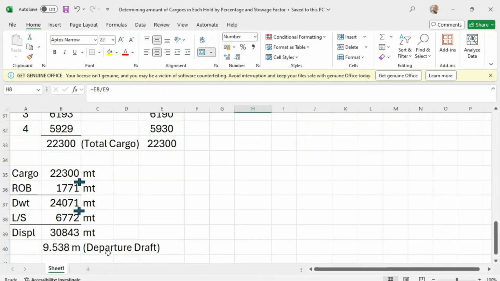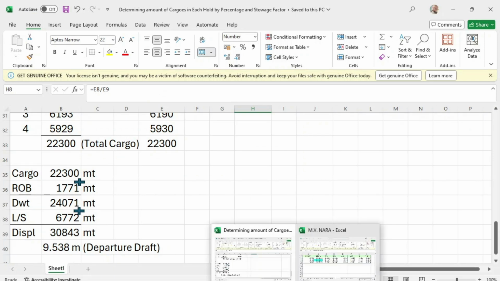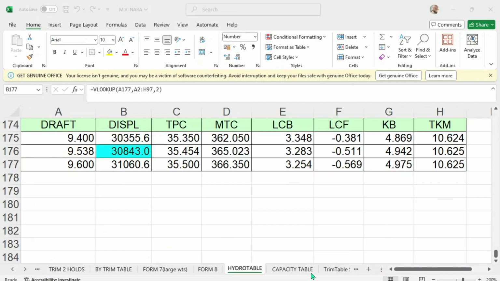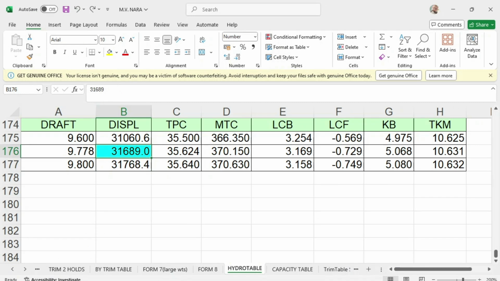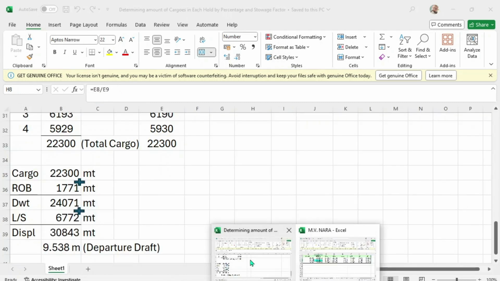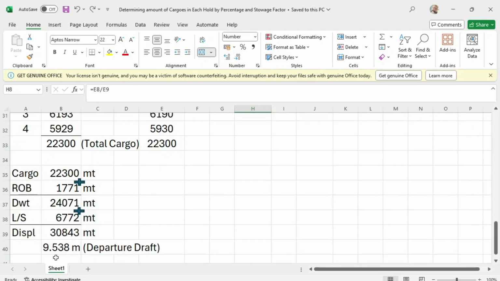That will be your departure drop. Okay, just put this to normal. So your departure drop is 9.538.